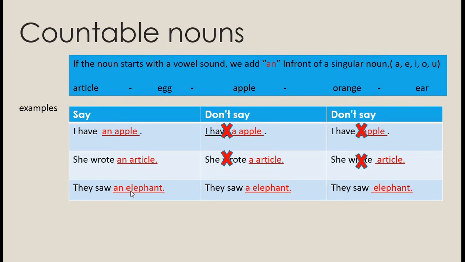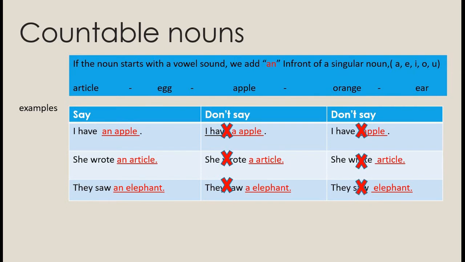Elephant starts with E, vowel sound, and we have to use an before it. They saw a elephant. We could not use a if the noun starts with a vowel sound. They saw elephant. Also, this one is wrong.